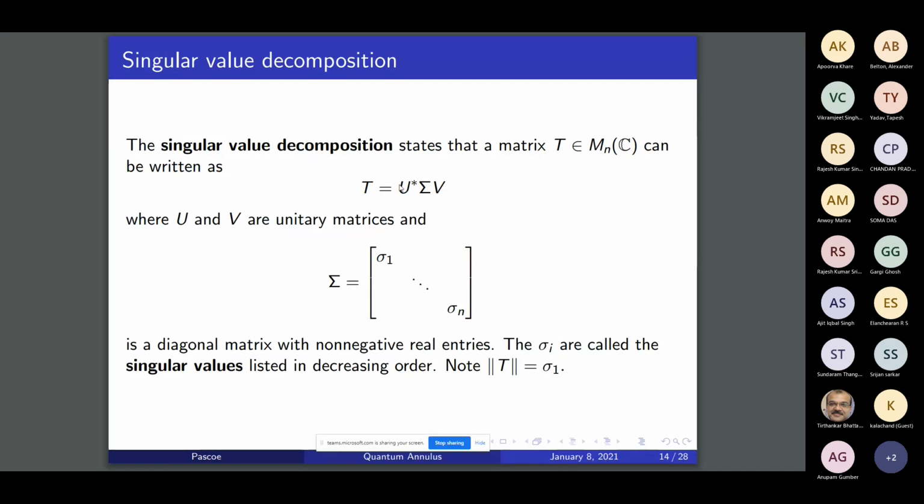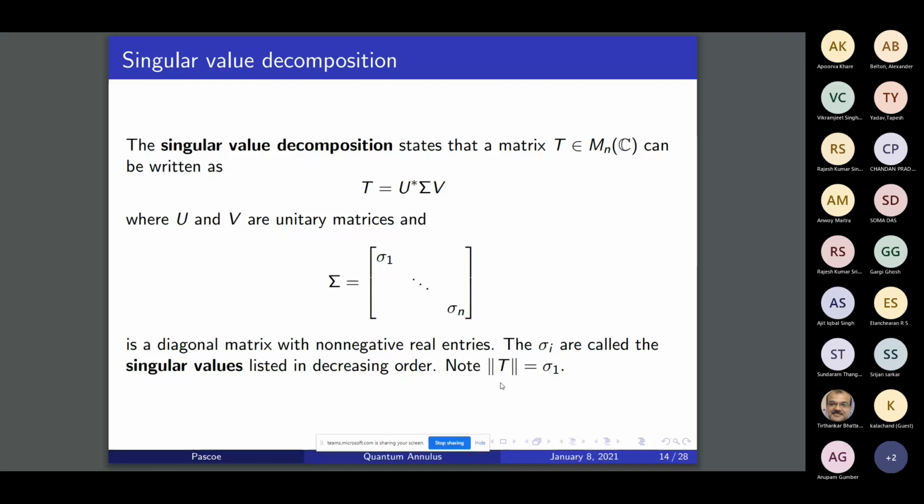So a matrix T can be written as U star sigma V, where U and V are unitary matrices, and sigma is a diagonal matrix with the singular values on it, where the singular values are listed in decreasing order. So I want sigma 1 to be the biggest. These sigma i are called the singular values.